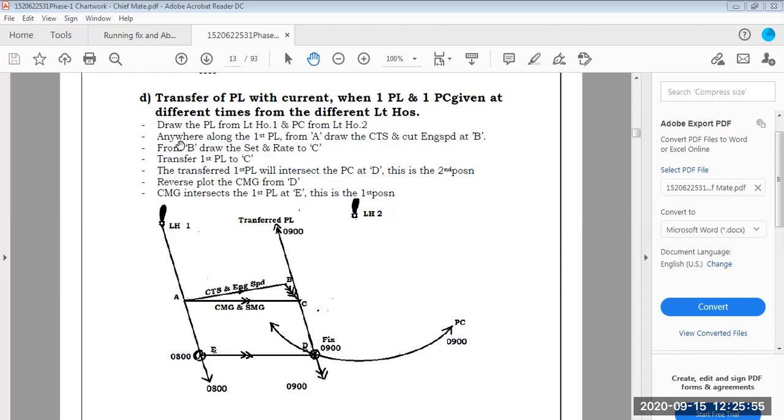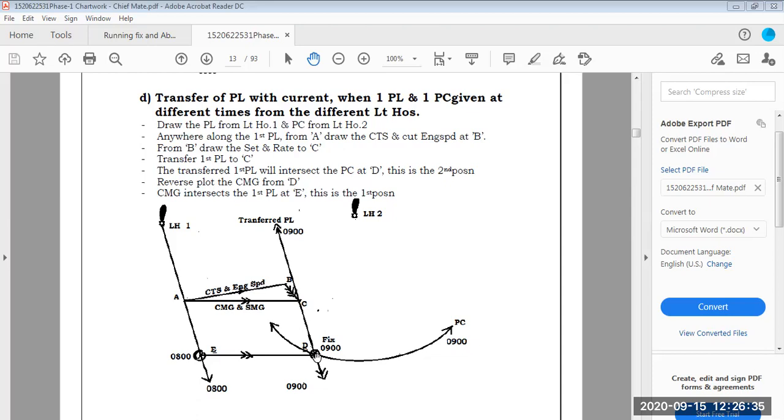Now again, same thing, we assume any point A on the initial 0800 PL, and we draw the course to steer. If we are given set and drift, we apply the set and drift at point B and we reach the estimated position C. From estimated position C we transfer the initial 0800 PL, and wherever it cuts the position circle, that is our fix at 0900.